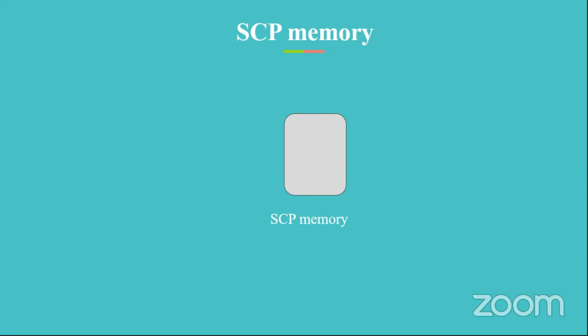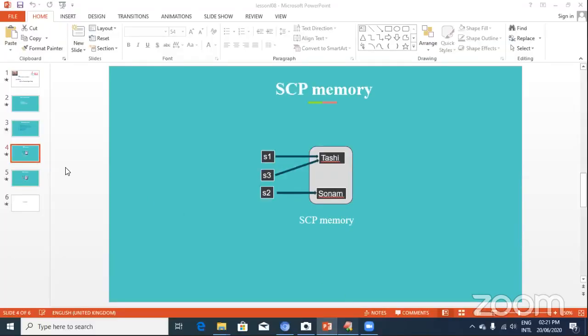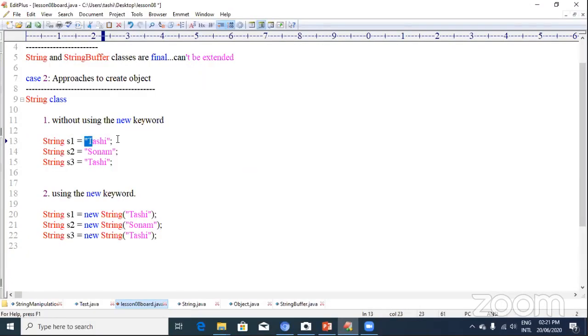Now let's say you are creating the string s1 object. String s1 is equal to Tashi. Here we have string s1 is equal to Tashi, string s2 is equal to Sonam, string s3 is equal to Tashi. Now, how these objects are stored in the SCP memory, I'm going to show it here.